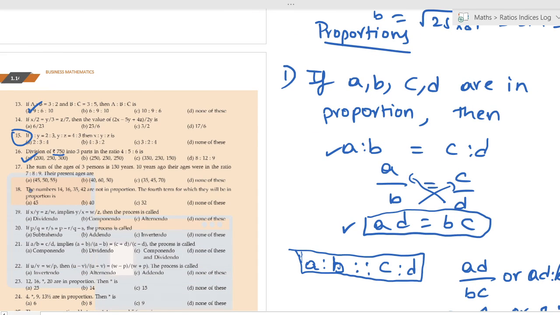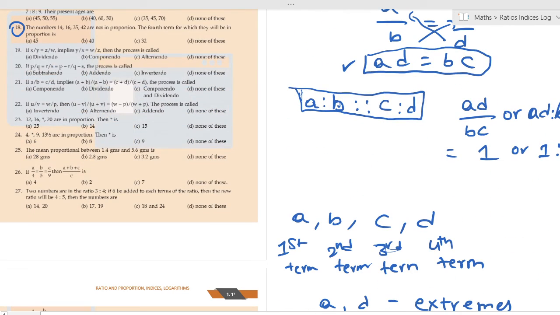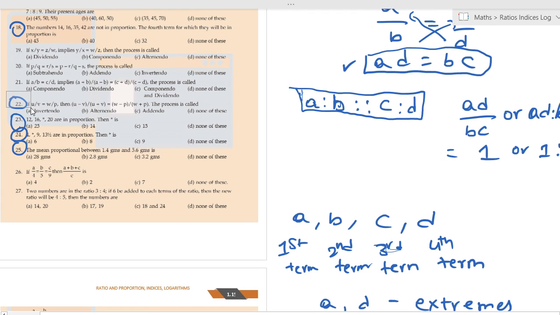The 18th one also has the same thing. And 23, 24, 25, not 22, even they have the same questions.